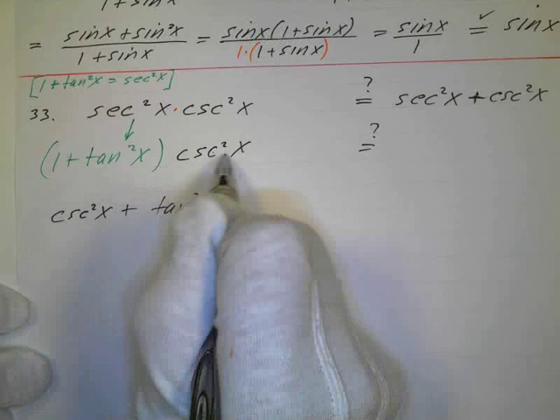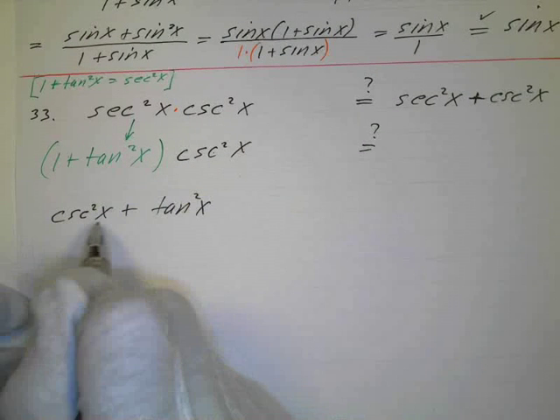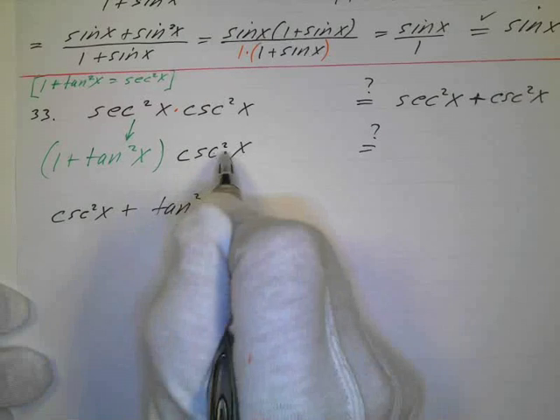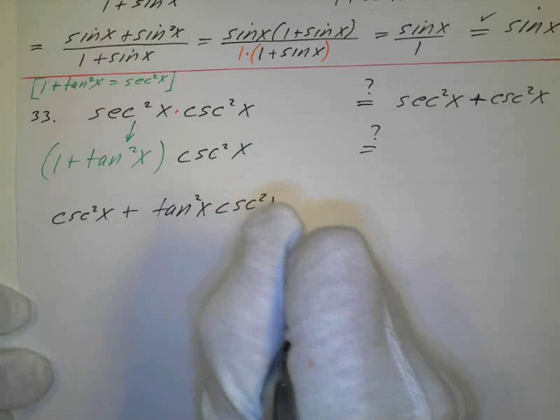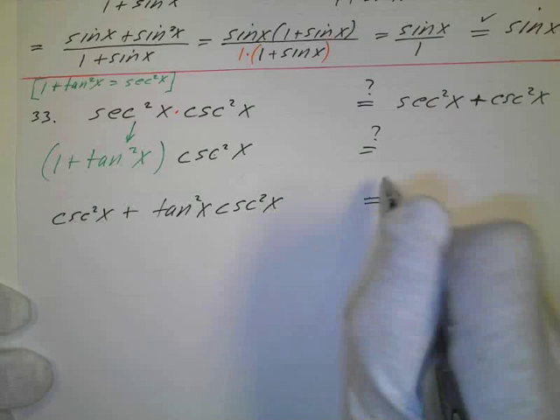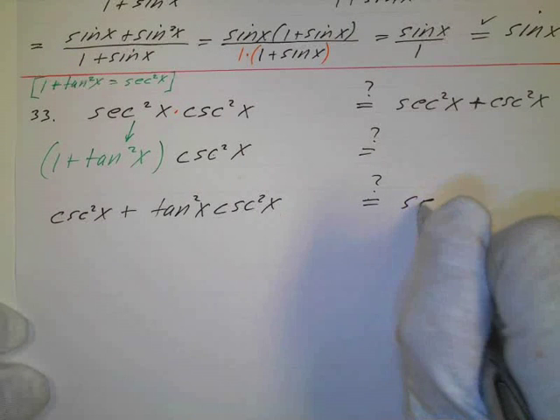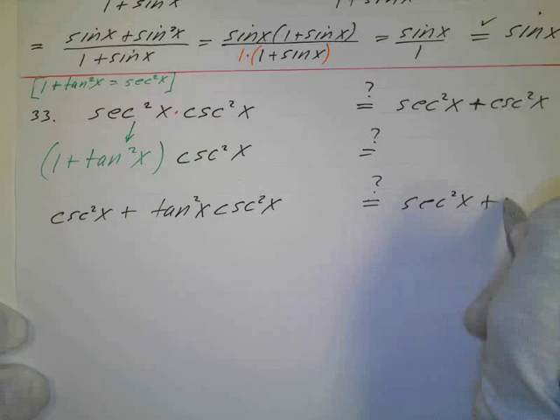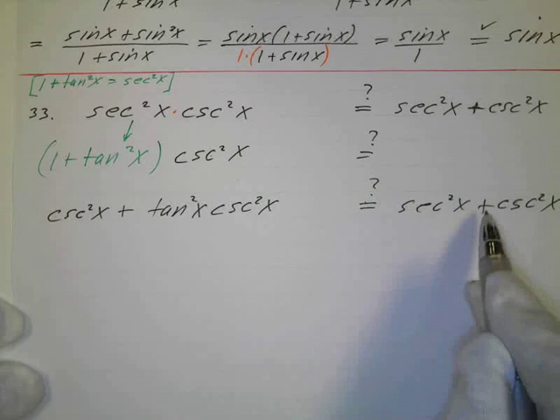I hope I didn't say secant. I'm sorry, this is the cosecant squared of x times 1 plus the tangent squared of x, which gives me the cosecant squared of x, and then the tangent squared of x times the cosecant squared of x. And we're not too sure yet if that equals this. Now notice what we've got. I'll write this over again now: secant squared of x plus cosecant squared of x.